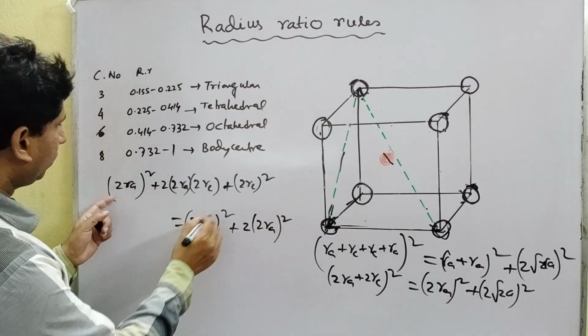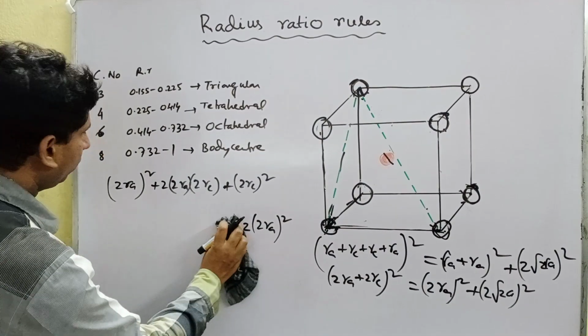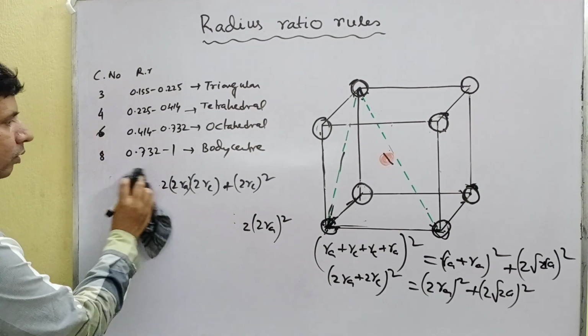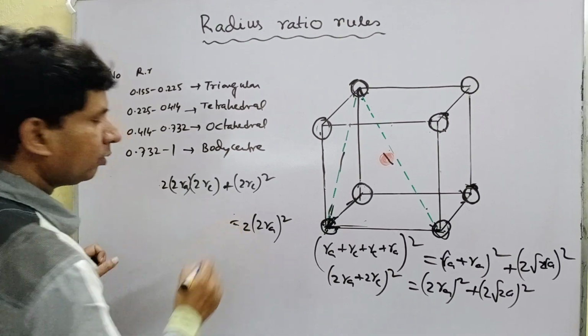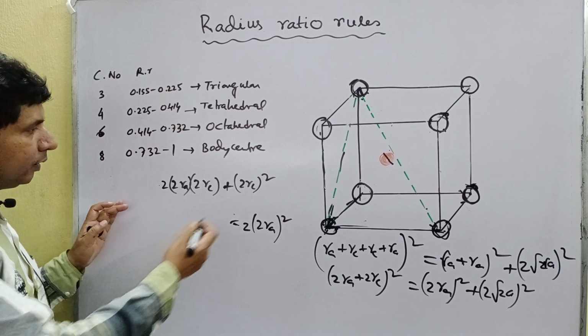This is 1, that 1 is cancelled out. Clear?